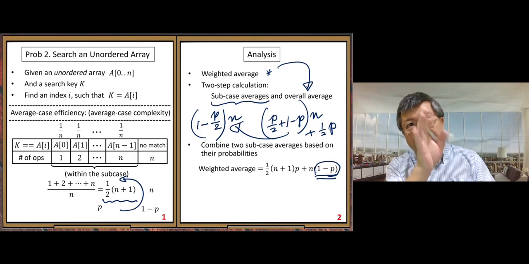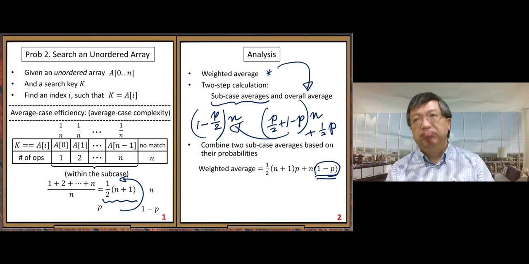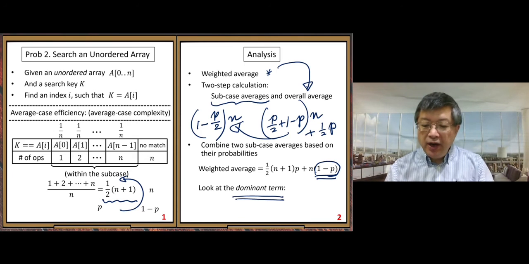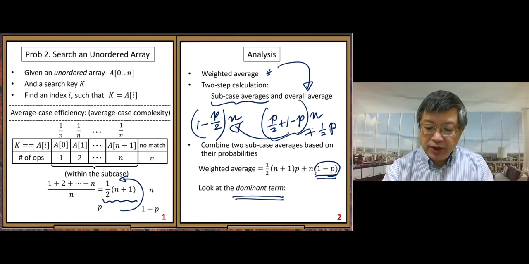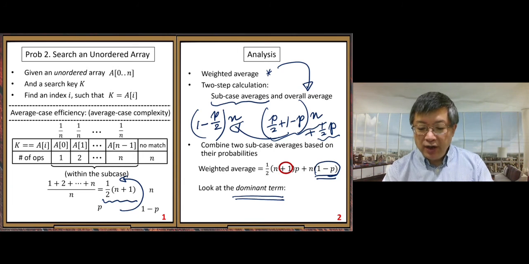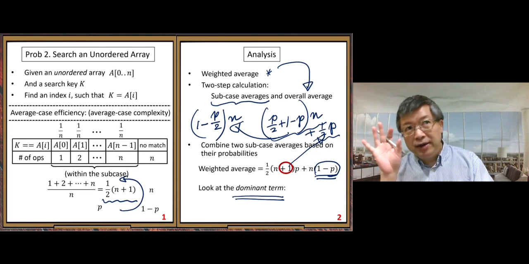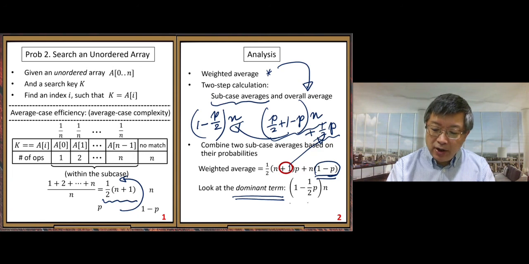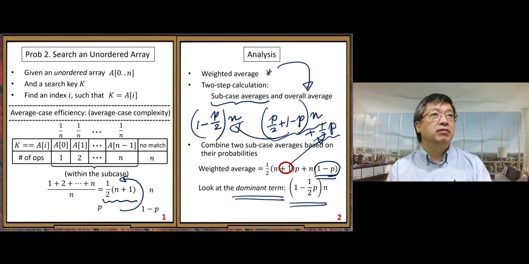Then we have that special concept called the dominant term. There are two terms here, and the first one is the dominant term. The plus 1 is not important, because it is a minor term. So this is the dominant term.